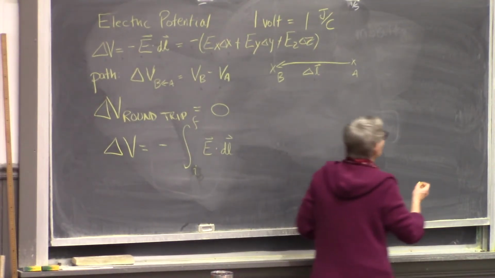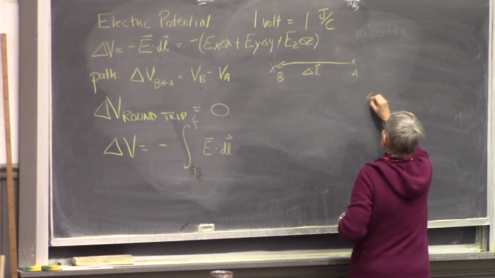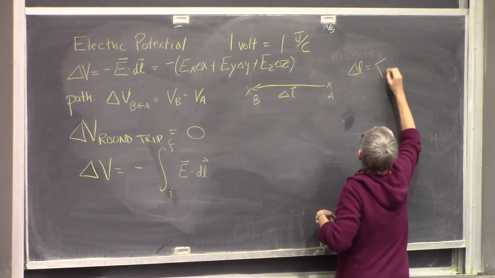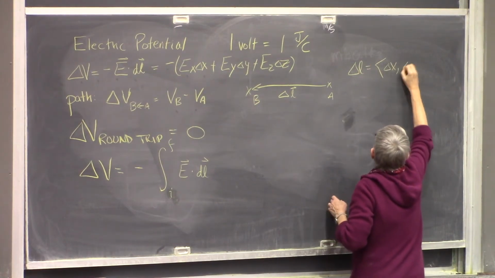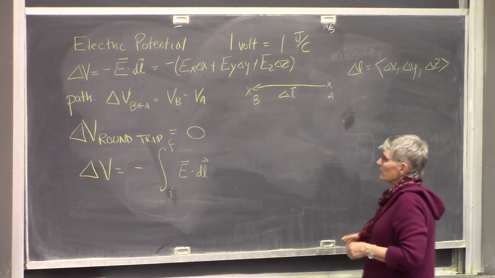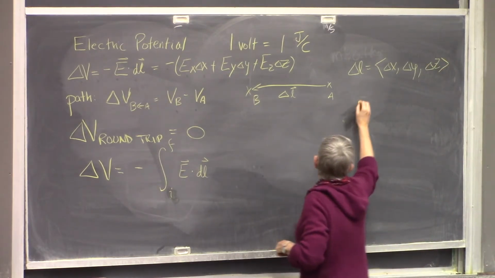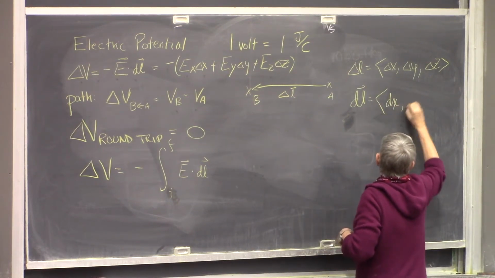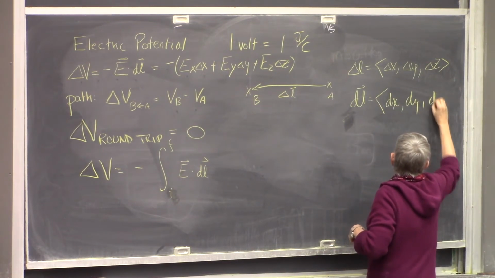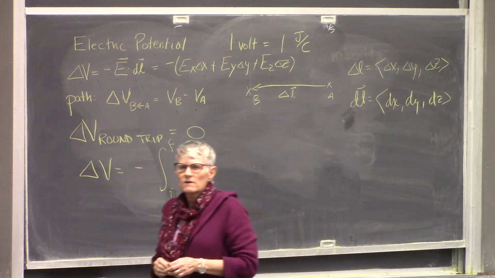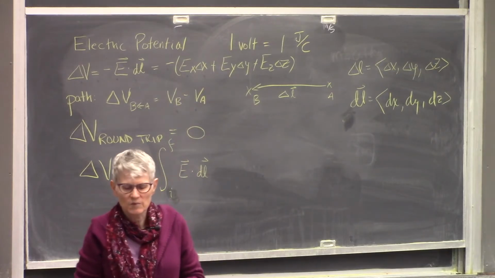So delta L is that vector. So that could be a more general definition of potential difference.